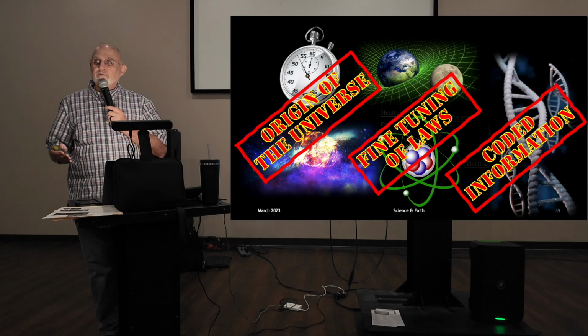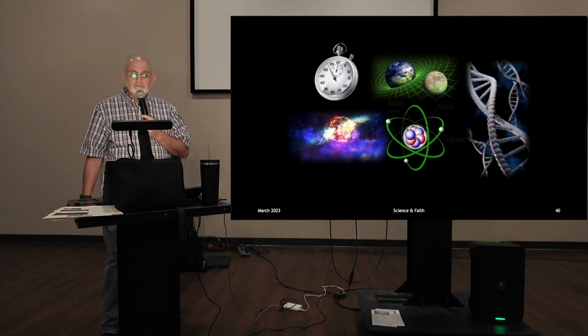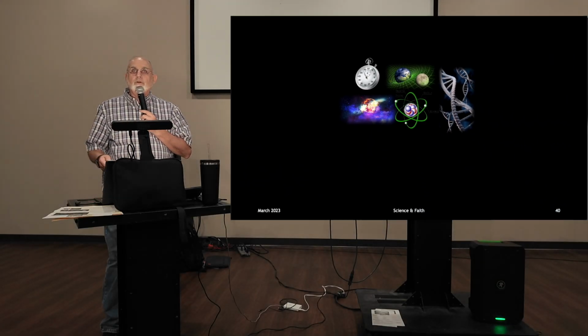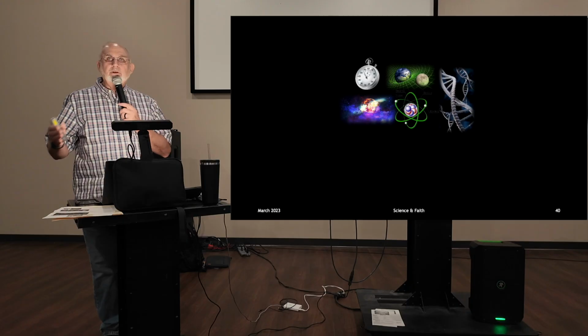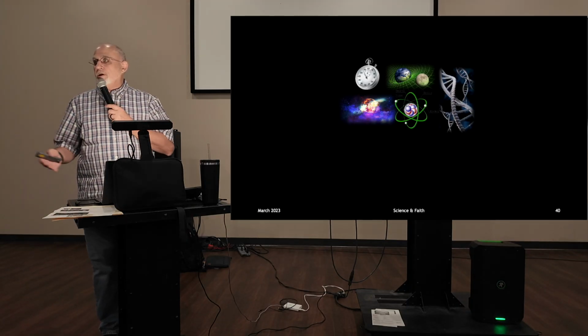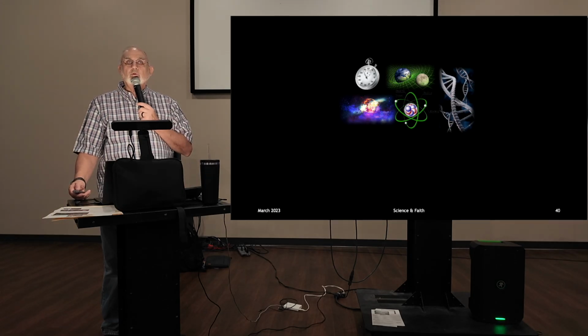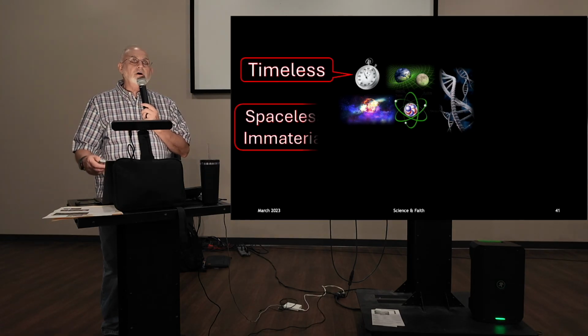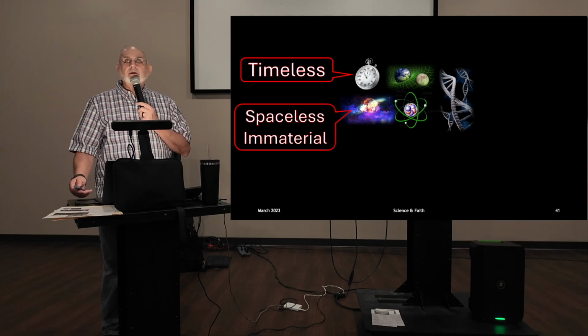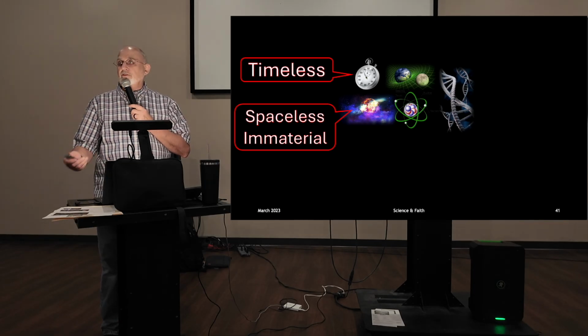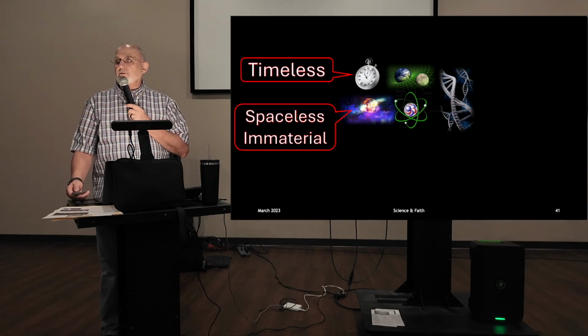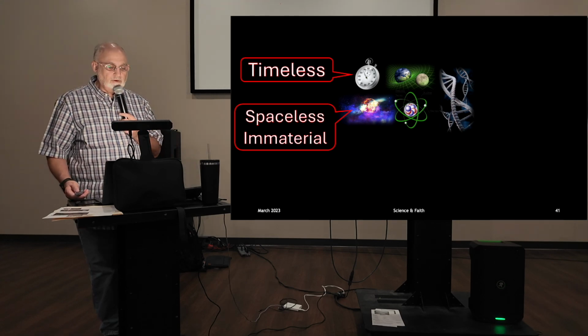So what can we take from those three discoveries? Well, let's look at what the entity had to be like in order to create these things. If you're creating time, space, and matter, then whoever or whatever created that has to be beyond time, or timeless. He has to be without space and matter to create space and matter. Does that make sense? So he has to be timeless, spaceless, and immaterial.